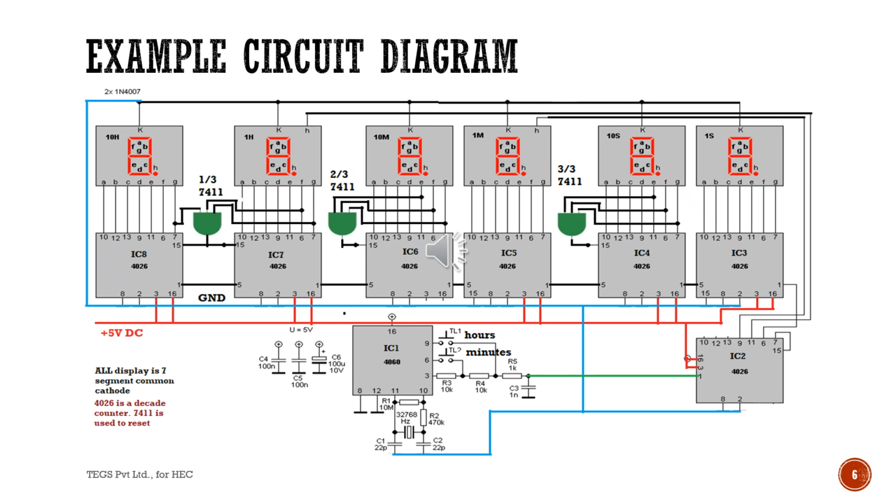This can only display the clock, and one more additional IC, a 7411, is needed to control the limit of the time because of the fact that 4026 is a decade counter.